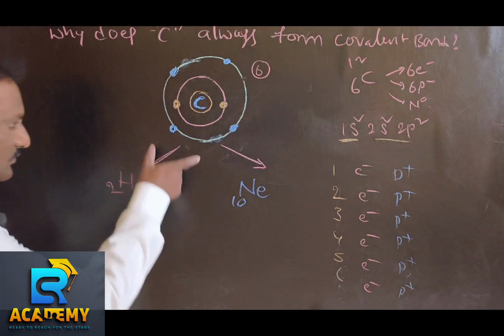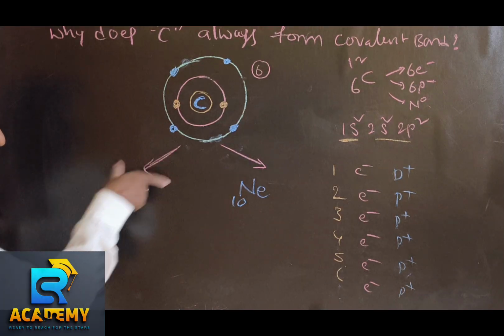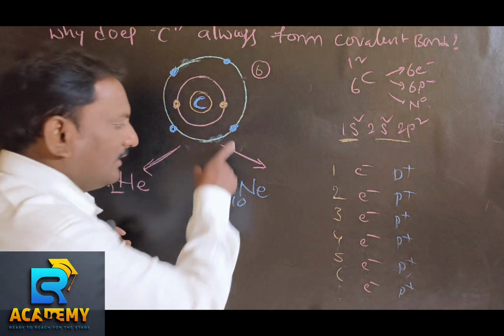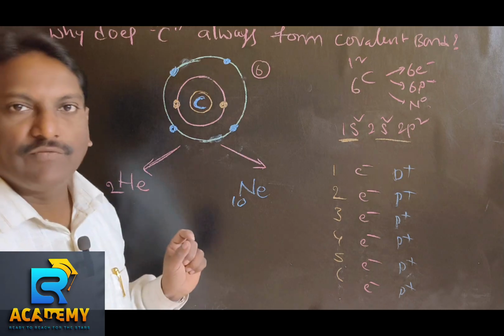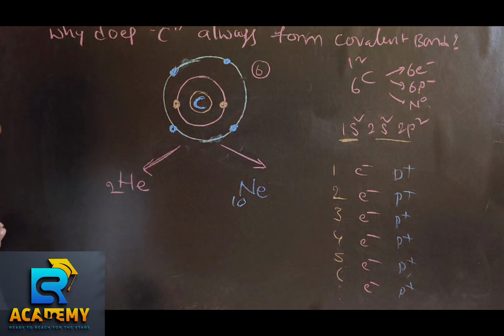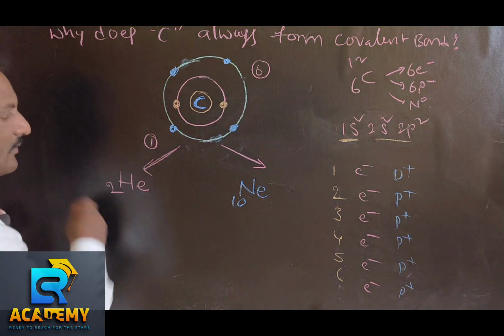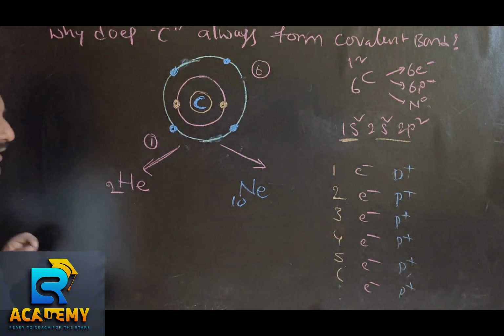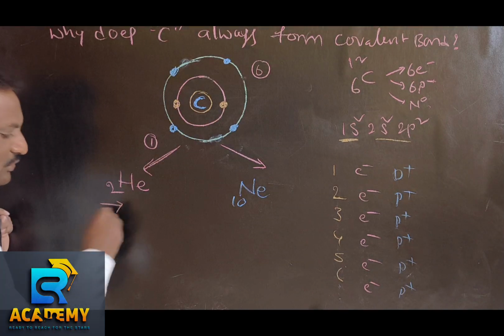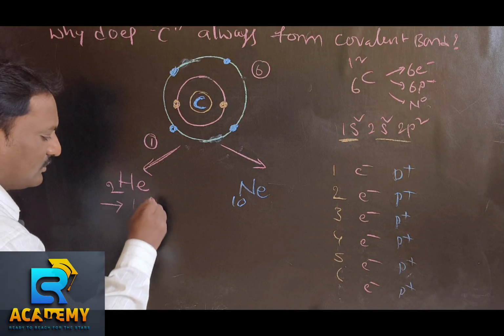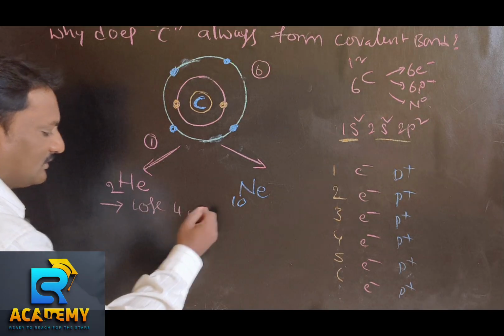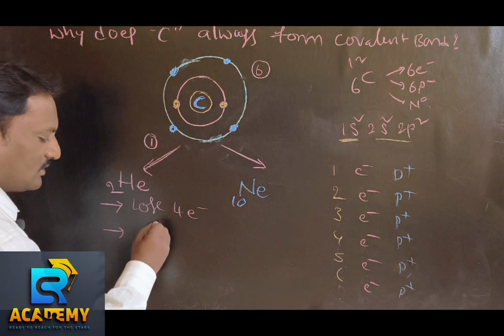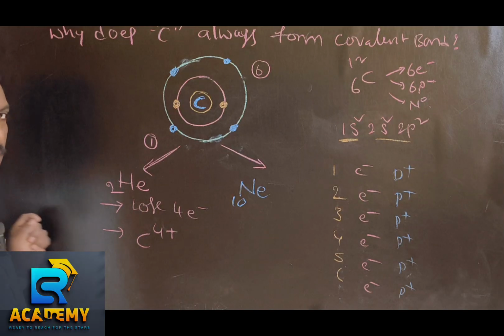So let us first discuss attainment of the helium configuration. Later let us talk about the neon configuration. First one, case number 1: if carbon wants to attain the helium configuration, it should lose 4 electrons to produce the C4+ cation.